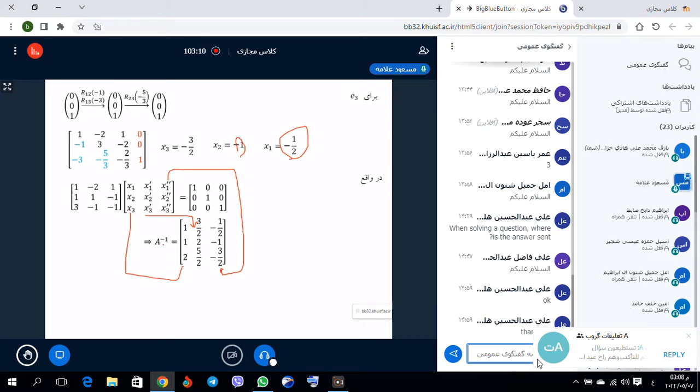That is A inverse. So by using Gauss elimination and doing good operations from Gauss elimination, we can find A inverse.